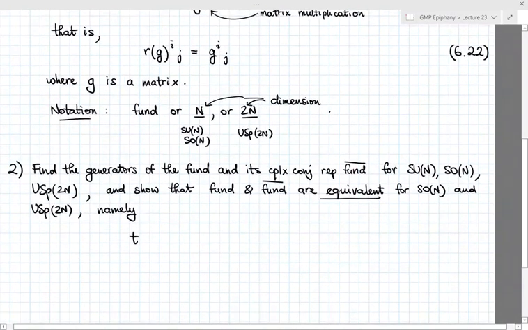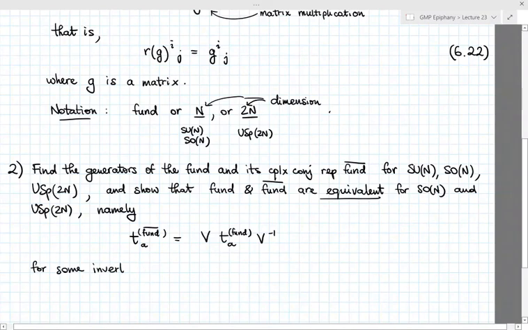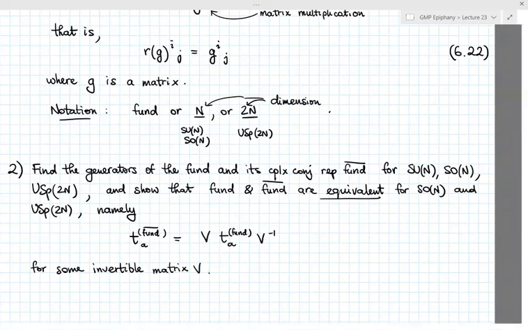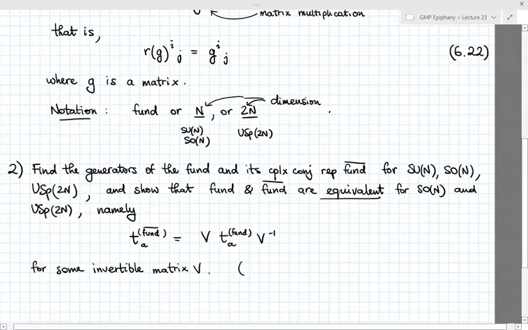So you need to show that the generators T^A in the anti-fundamental representation are equal to the generators T^A in the fundamental representation up to a similarity transformation by some invertible matrix V. And if the Lie algebras are compact, as is the case for us, V will be unitary.